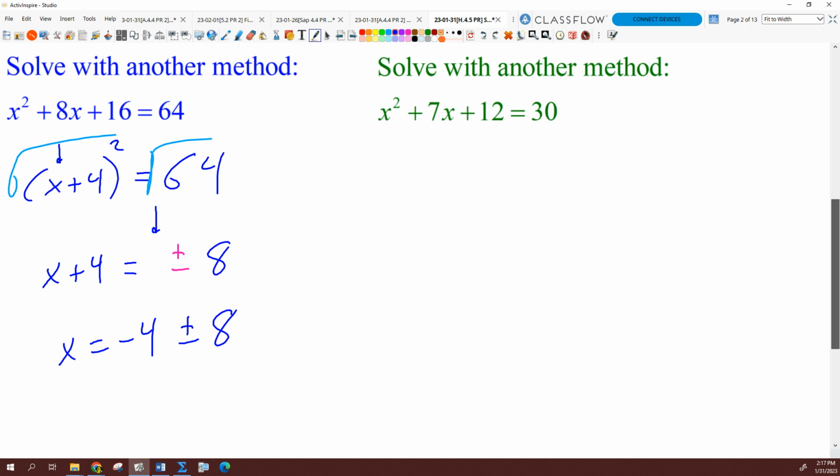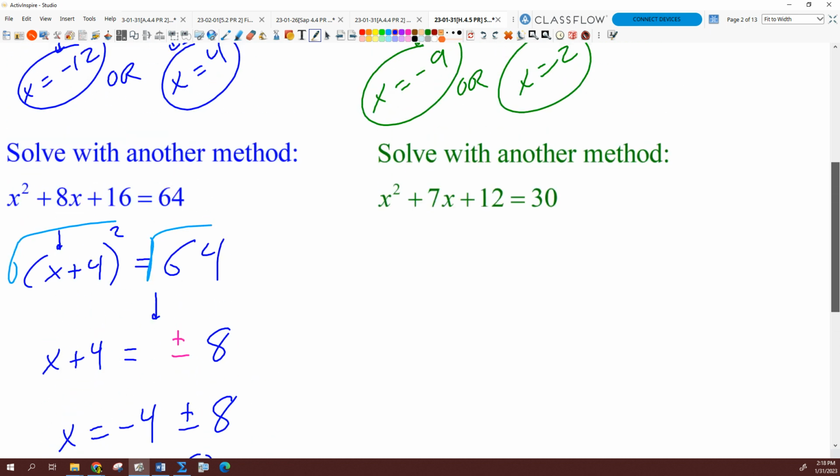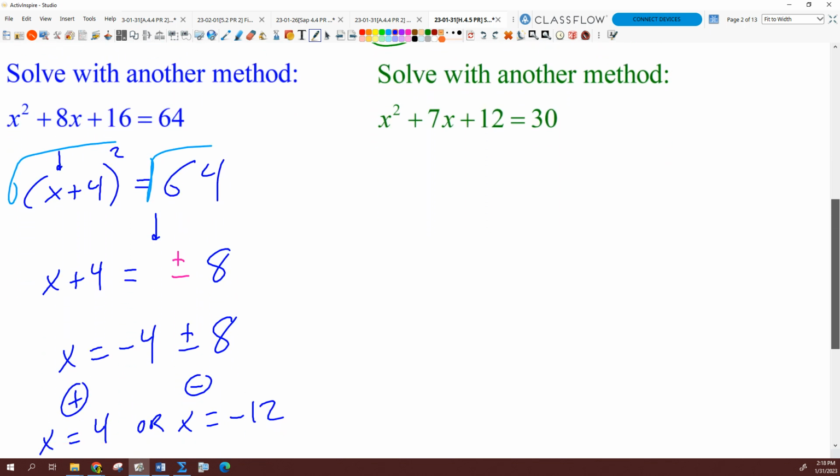So what are my two solutions then? X equals, if I take the plus, what do I get? 4. Okay. And then if I take the minus, x equals negative 12. Okay, those look familiar, don't they? Yeah, they do. Same solutions we got up there.